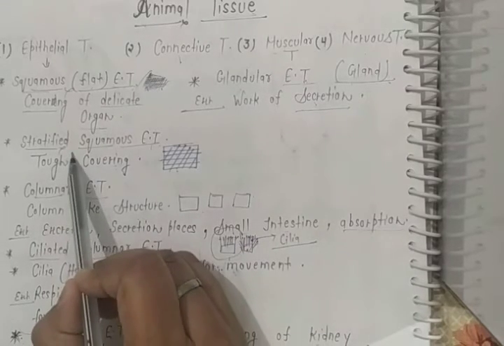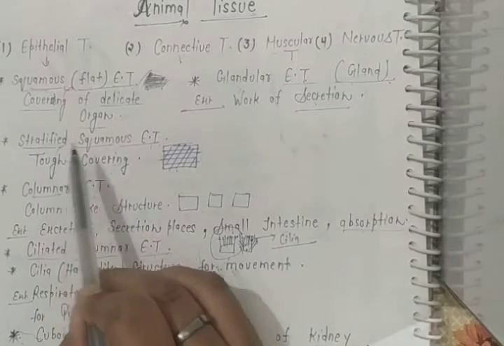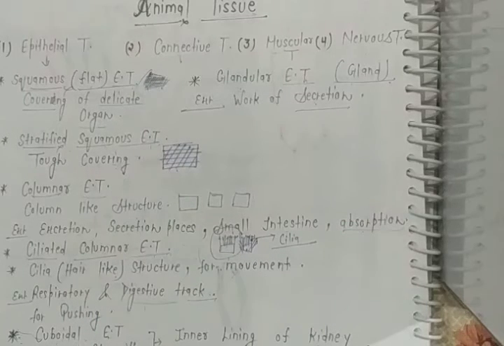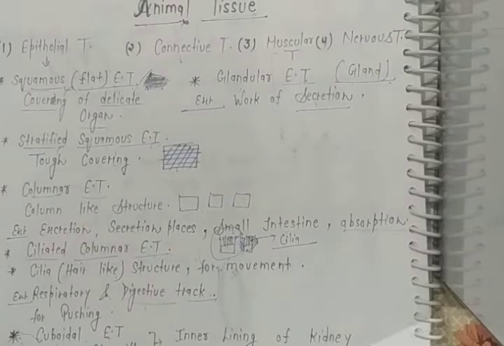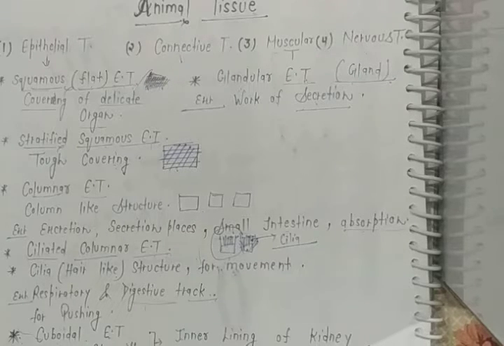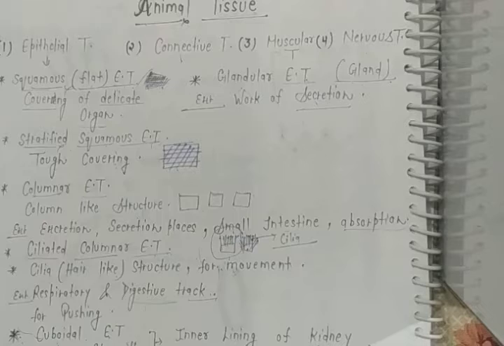Second epithelial tissue is known as stratified squamous epithelial tissue. It means when a lot of squamous epithelial tissue works together, a lot of layers of squamous epithelial tissue make stratified squamous epithelial tissue. Squamous epithelial tissue is a very thin layer, but a group of squamous epithelial tissue makes the stratified squamous epithelial tissue.